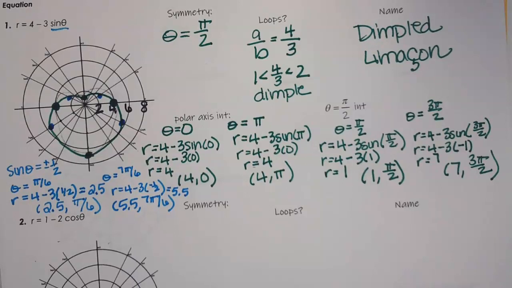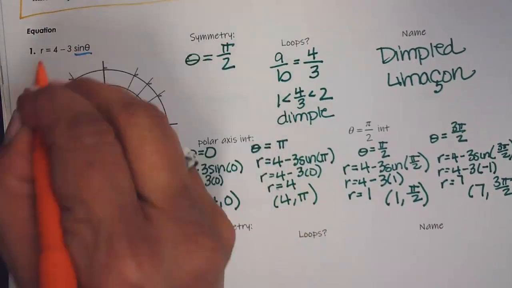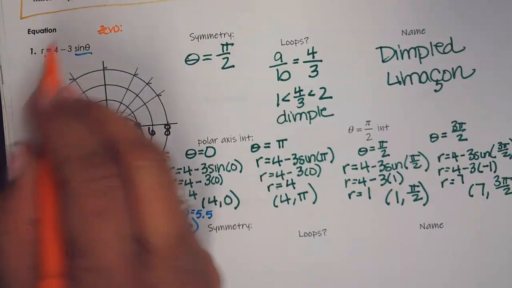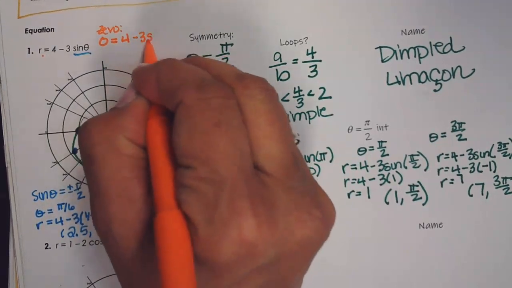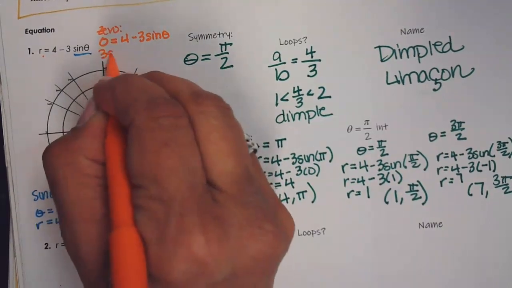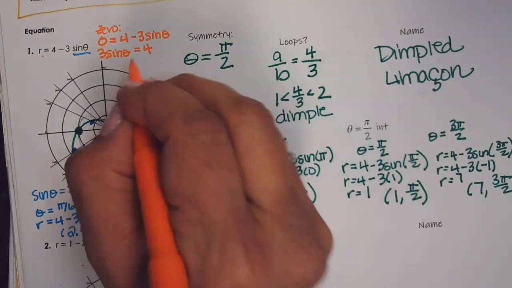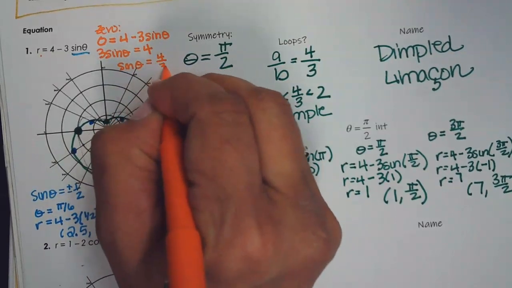Let's say that you tried to find the zeros. When you find the zeros, that's when you would set r equal to 0. So you'd have 0 equals 4 minus 3 sine theta. So you could move that over and say that 3 sine theta equals 4, so the sine of theta equals 4/3.